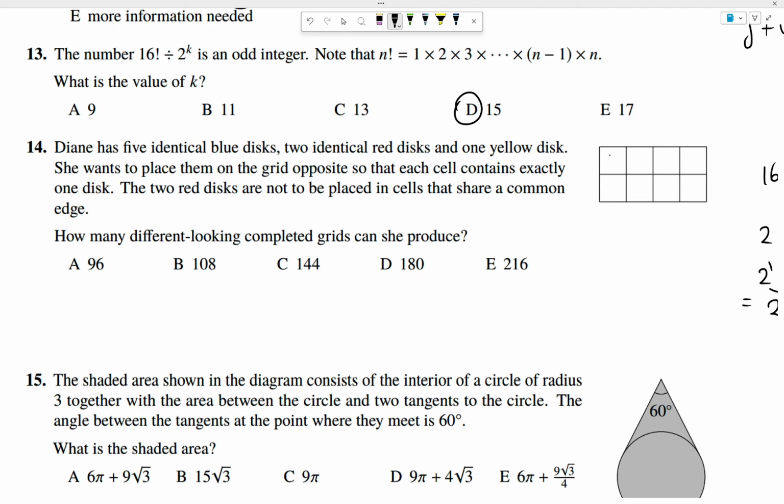I'm going to go case by case. We already did this, and we saw there were 5 choices for the other red disc. Now the next case is where we have a red disc here, cross these ones out, and there are again 5 choices. There's a kind of symmetry to this problem where if you put a red disc in any of the corners, there will always be 5 other places for the other red disc.